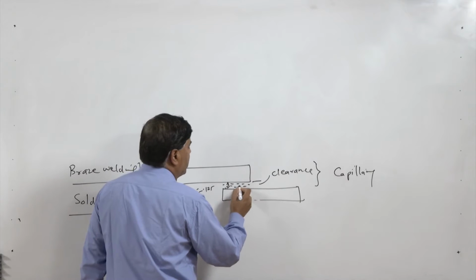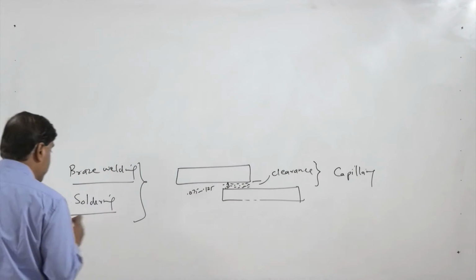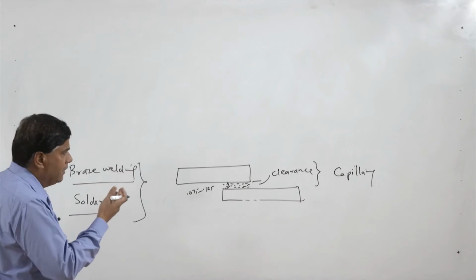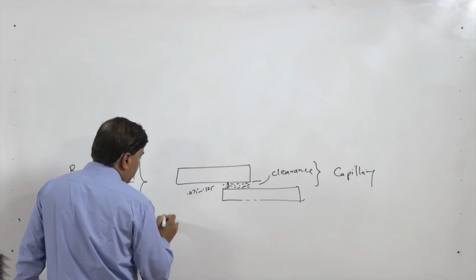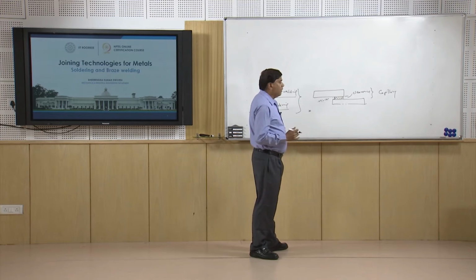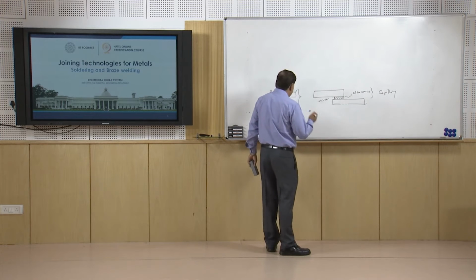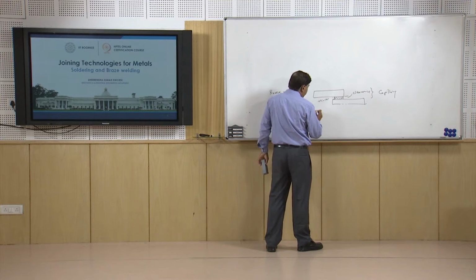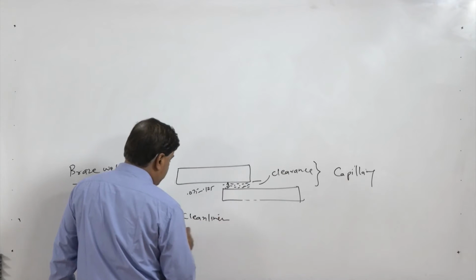However, apart from the clearance, there are other factors which affect how effectively and uniformly the solder material spreads in between the sheets over the fine surfaces, which subsequently, on solidification, will develop the joint in the form of solder joints. So, one is the cleanliness of the surfaces.